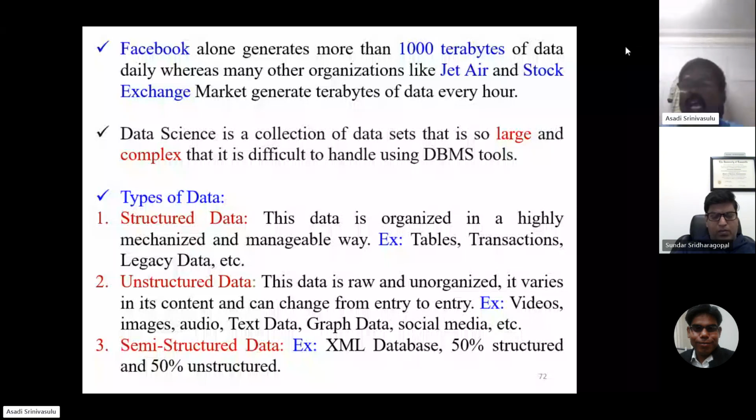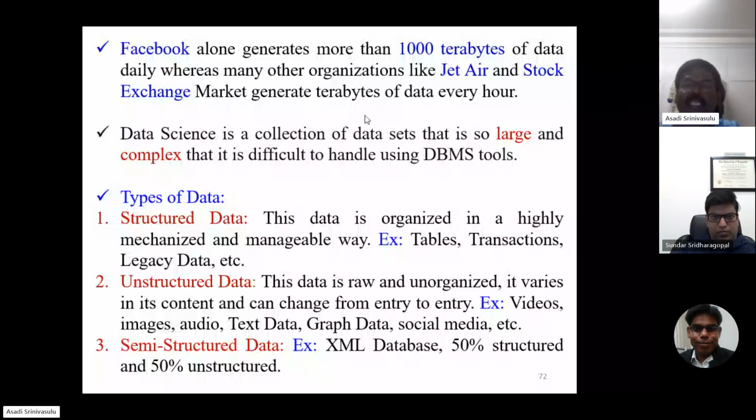Semi-structured data is 50% structured and 50% unstructured data. The best example is XML, Extensible Markup Language. These are the three types of data.